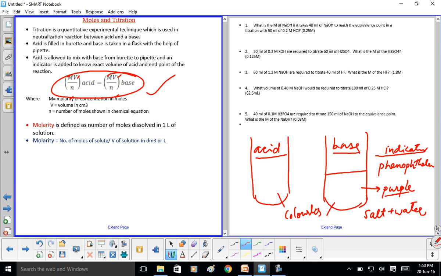What I'm writing is MV by N is equal to MV by N, or I can write M1 V1 by N1 is equal to M2 V2 by N2. If you don't know any one of them, just cross multiply and you will get the answer. These are examples of questions we can do.